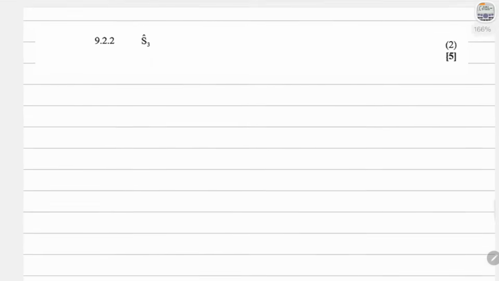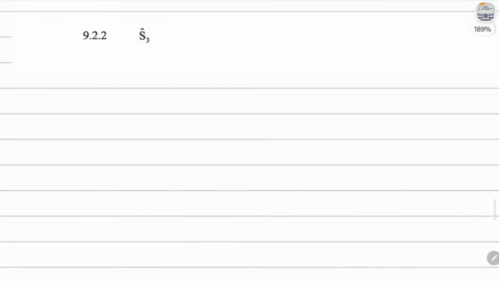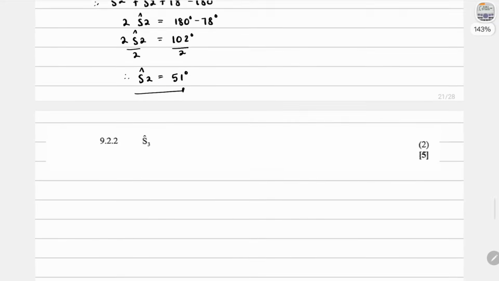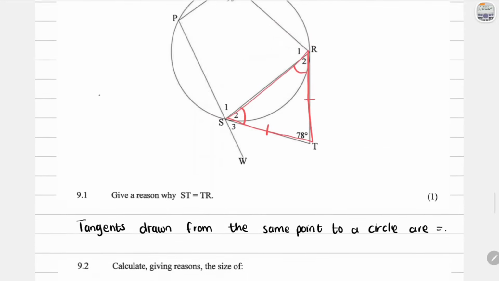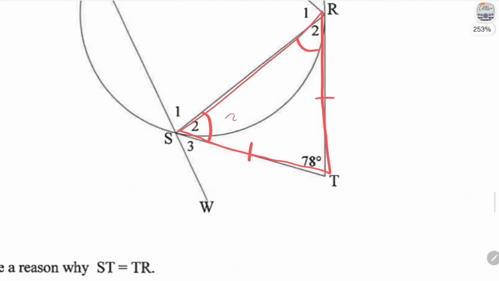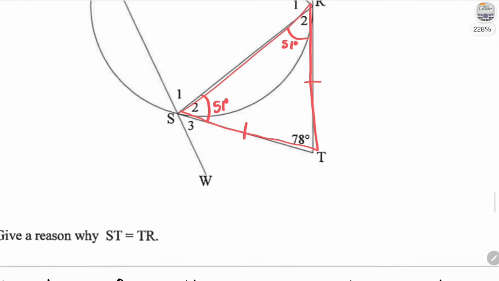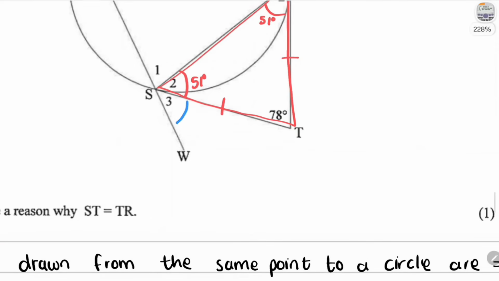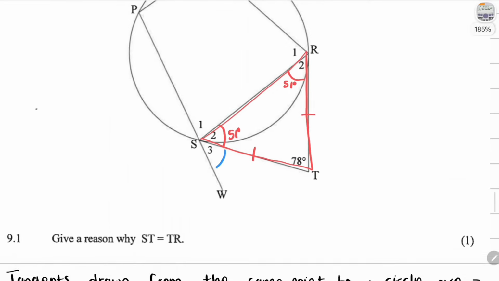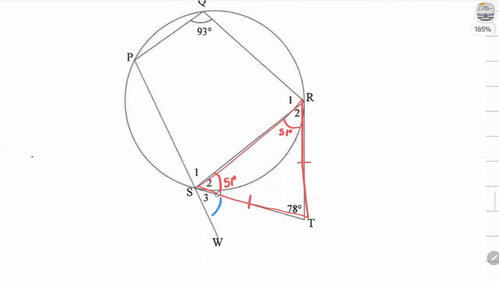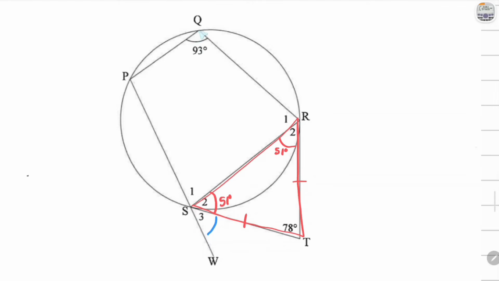The next question says we need to find the size of angle S3. Okay, let's just fill in what S2 was. If S2 is 51 degrees, and of course that's also 51 degrees, how do we find angle S3? Okay, so looking at the diagram and looking at where angle S3 is, do you remember that this shape is a cyclic quad?